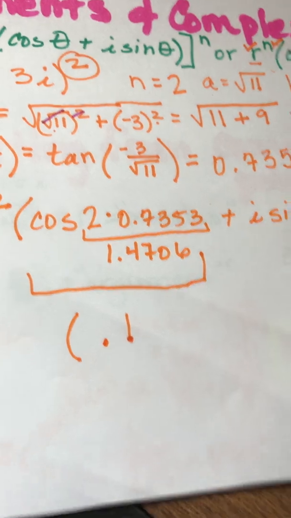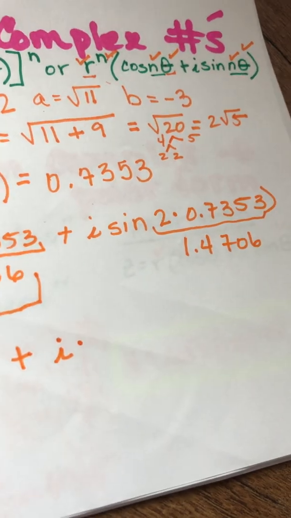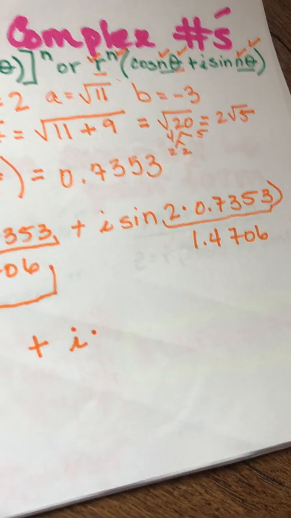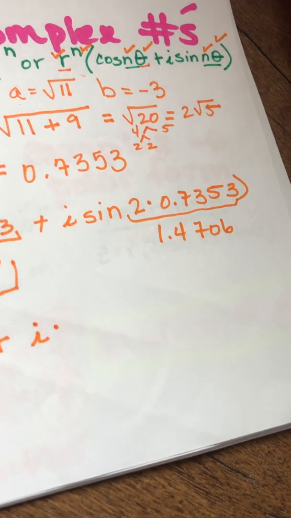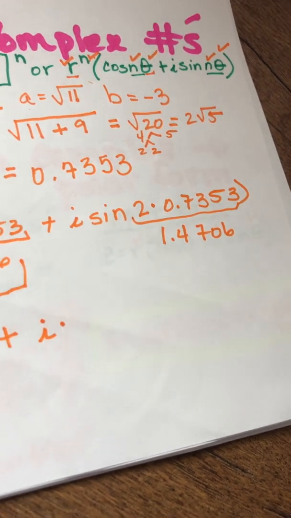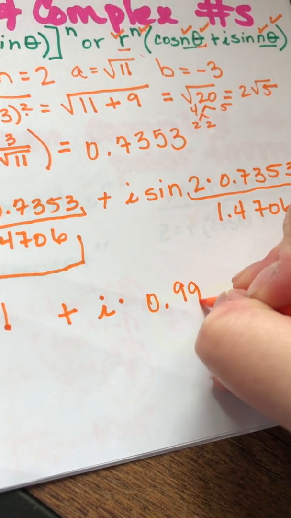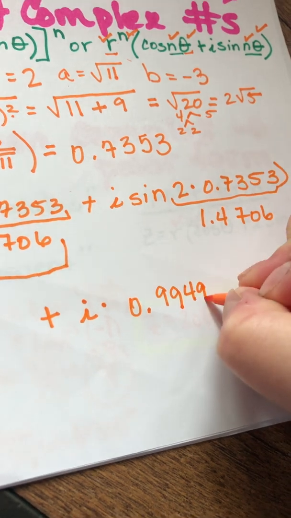Okay, so I'll just say 0.1 plus i times, let's do sine of 1.4706, and that's 0.9949-ish.